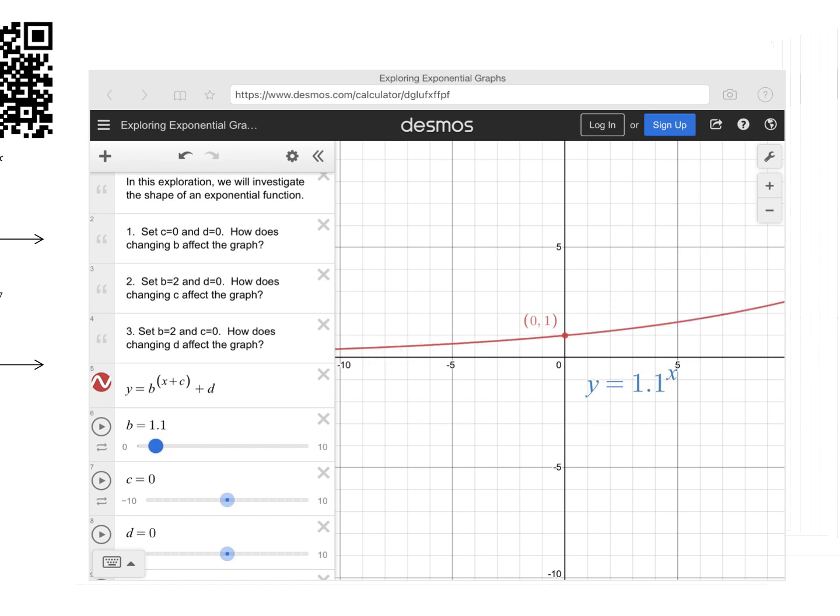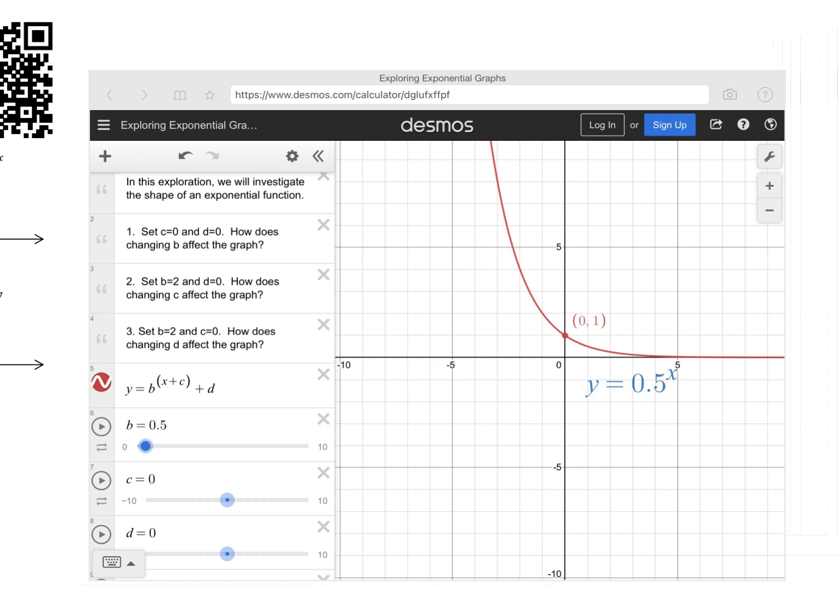And 1 is just going to be a flat line, which we said that we can't have, that's not really an exponential function. It's just a line. But what happens when we go below 1? Well, a few moments ago we graphed a half, 0.5 to the x, there it is.